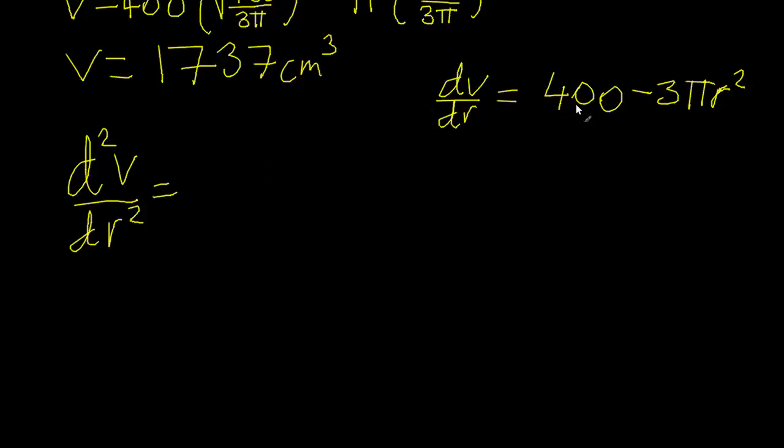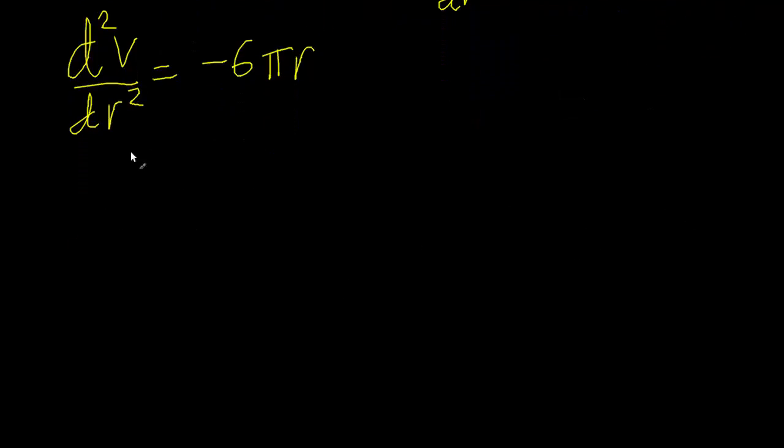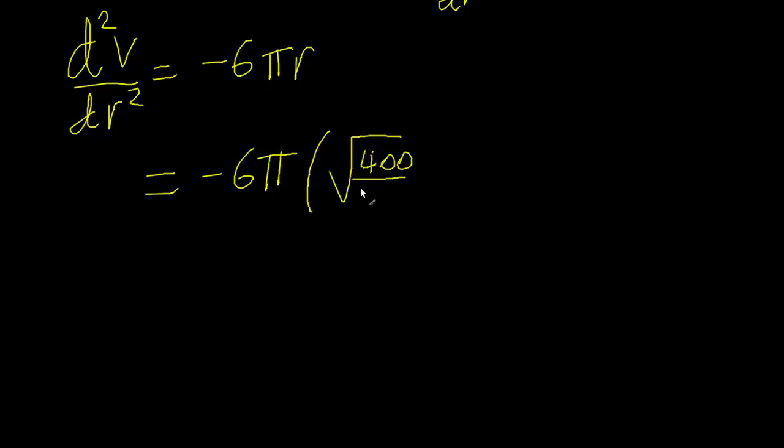So that means for the second differential, the 400 will drop out because it's a constant. Multiply by our power, so multiply by 2, we get minus 6 lots of pi, and then take 1 from the power r. So in this case, as before, we know that r is equal to root 400 over 3 pi, which means the value of this will be minus 6 pi lots of the square root of 400 over 3 pi.